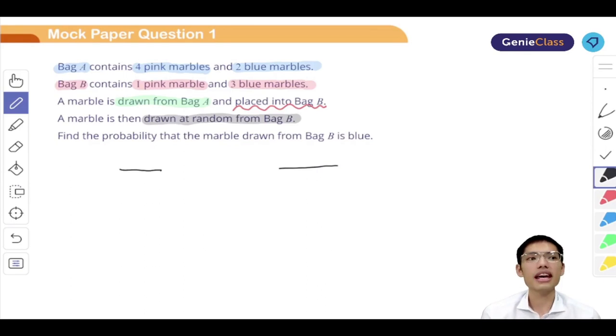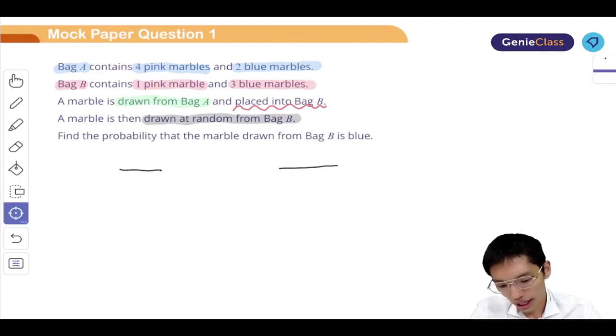You don't have to understand independent events to draw this, because first things first, are the events independent of each other in this context? You look at it. I draw from bag A, I put into bag B. So do the events affect each other? Do the events affect each other, Denise? They do, right? So since they affect each other, the notion of independent events doesn't come into play, and hence we can just draw the tree diagram.